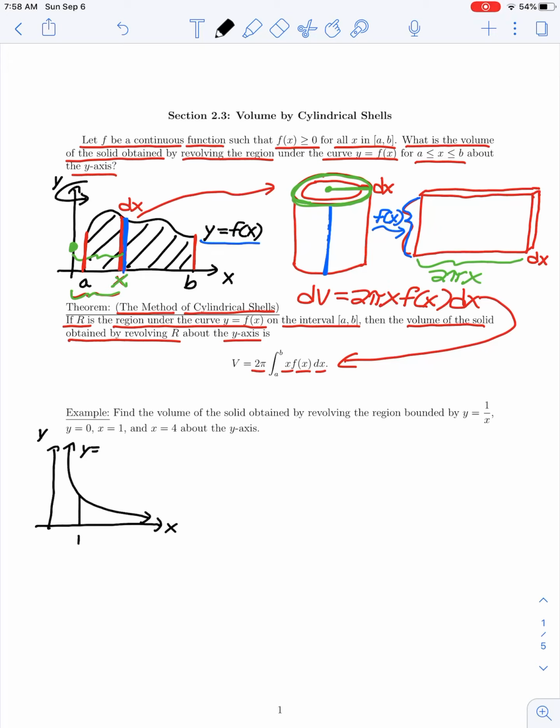So here, if this curve is y equals 1 over x and x is 1, the y value would also be 1. And the vertical line x equals 4, in which case our y value would be 1 over 4. So we're looking at this little shaded region under the graph of y equals 1 over x from x equals 1 to 4, and we want to revolve this region about the y-axis.